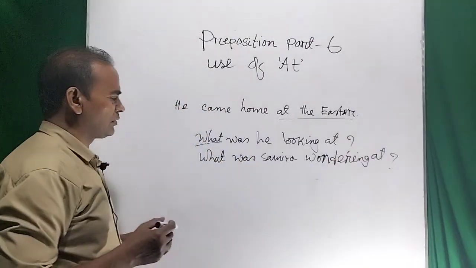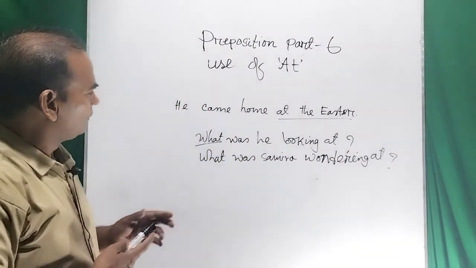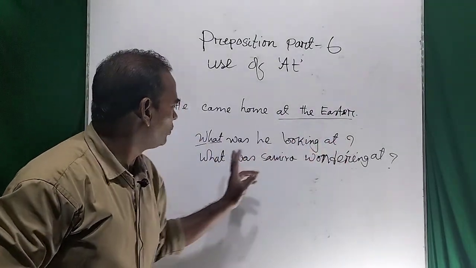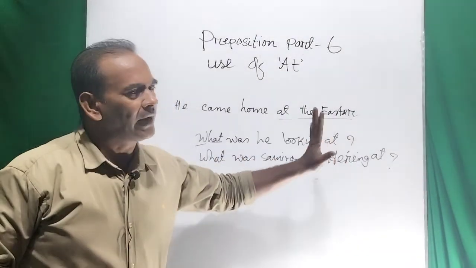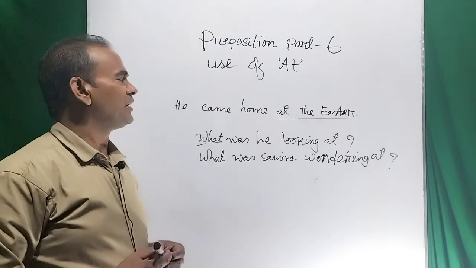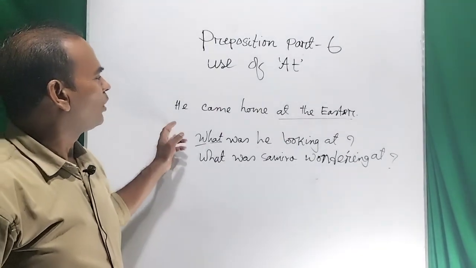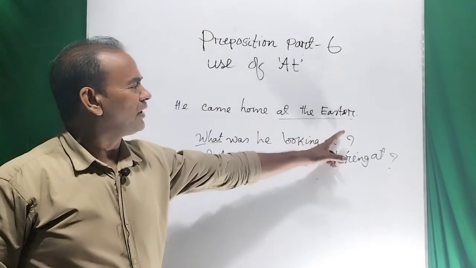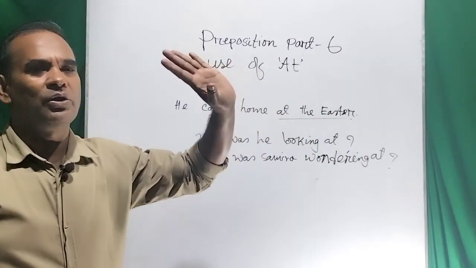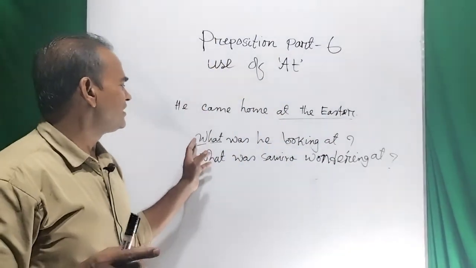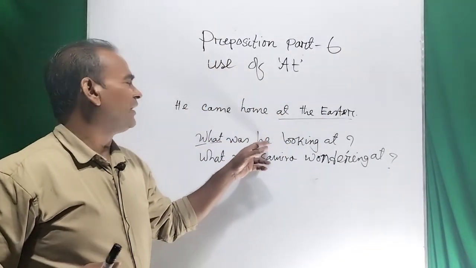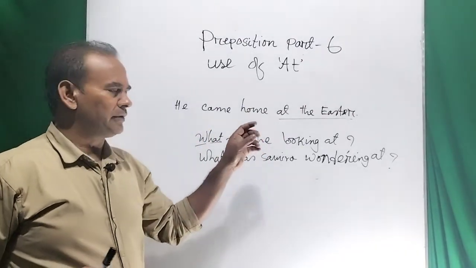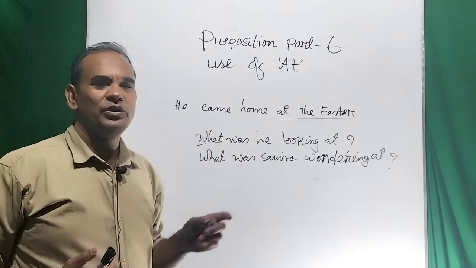So, dear students, you can understand what was he looking at, or what was Samira wondering at. So this is informal English, and in informal English we can use the preposition at the end of the sentence, but one condition, that is the sentence must begin with a WH word, like what, which, whom, whose, etc.